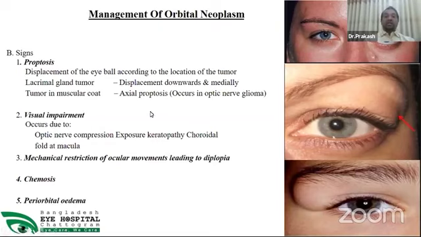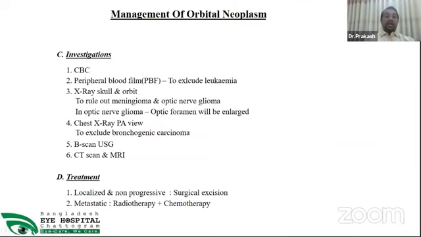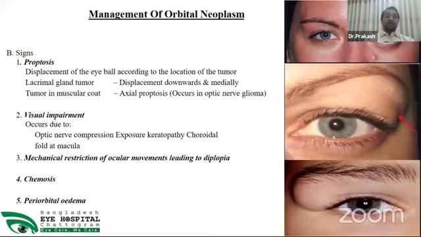The consequence of exposure keratopathy is corneal perforation. Once there is corneal perforation, the infective focus will get access to the inside of the eye, and that will cause endophthalmitis and panophthalmitis, and causes loss of sight, loss of the eye.